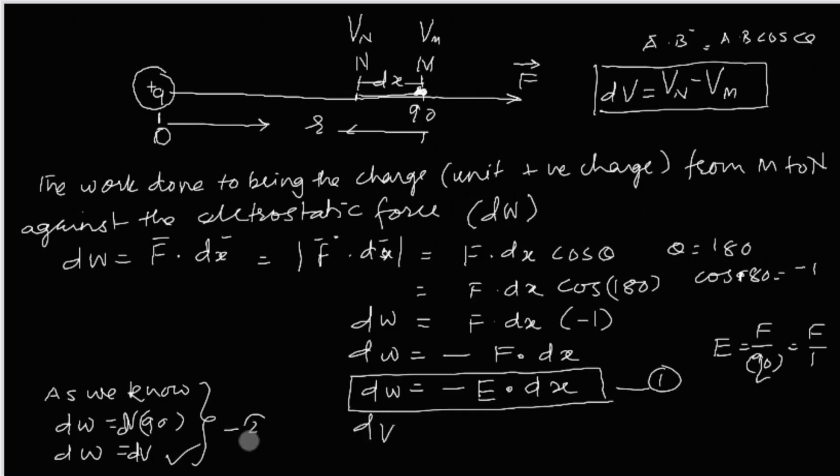Let us consider this as equation 2, and from equation 2 we can write dV is equal to minus E dot ds.